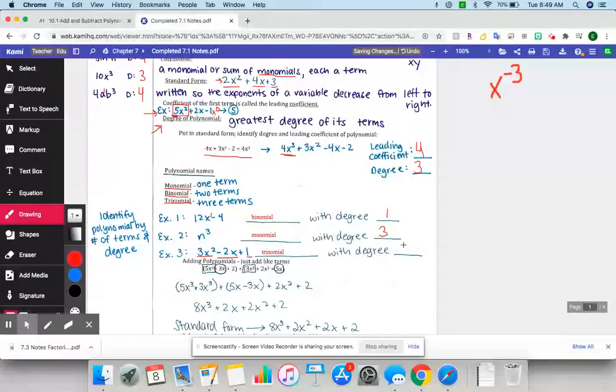And this has a degree of 2 since 2 is the largest exponent. By the way, the leading coefficient in example 3 would be this number 3. And in example 1, the leading coefficient would be 12.